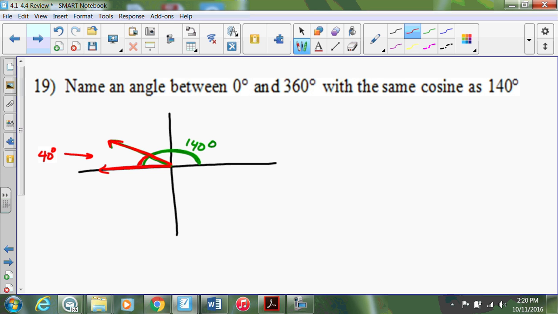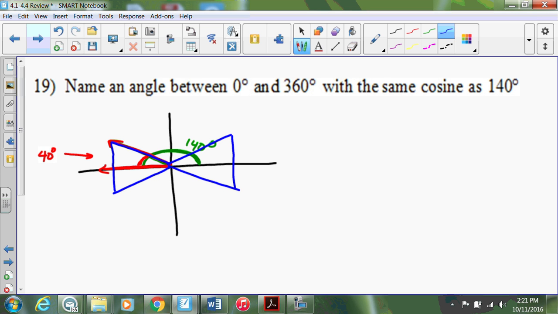And so when I start to think that way, I'm like, oh, I need to look at all my bow ties for 40 degrees. I know it's not a unit circle bow tie, but we can still use that little method to help us. So I'm going to look at all the angles that are 40 away from the x-axis.